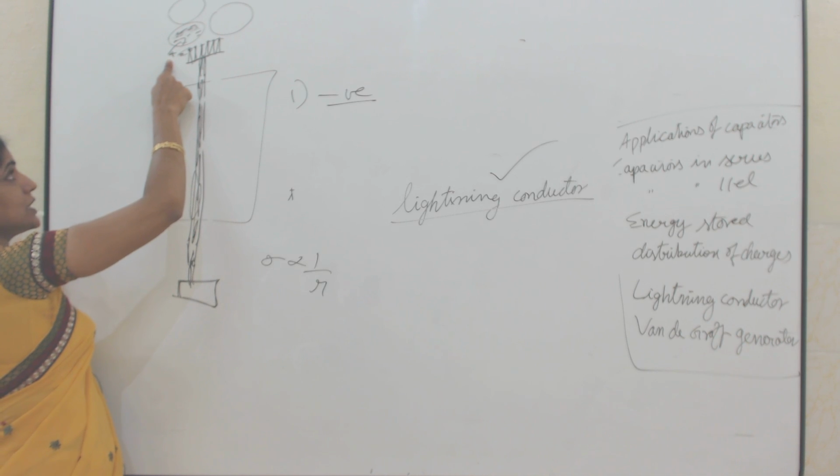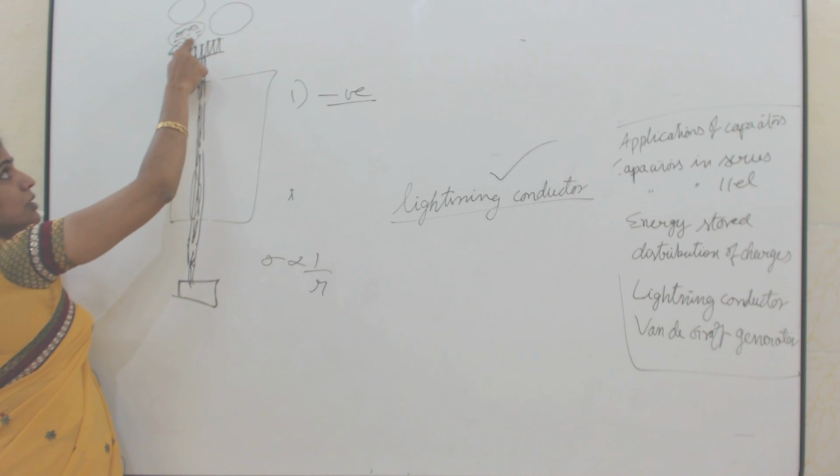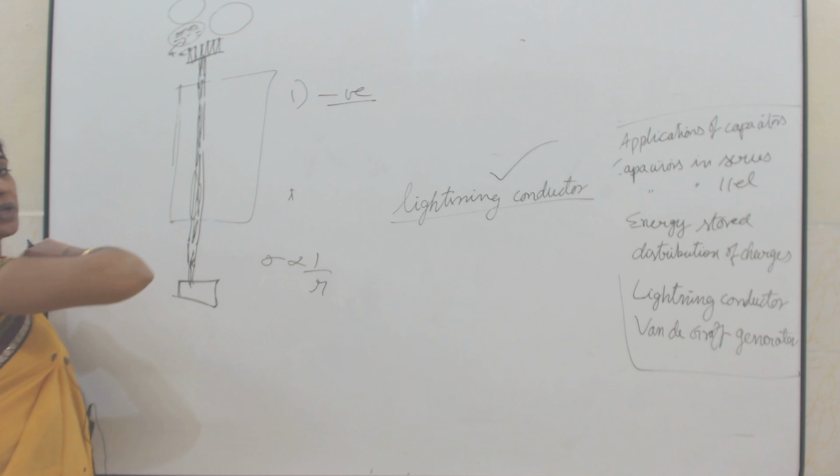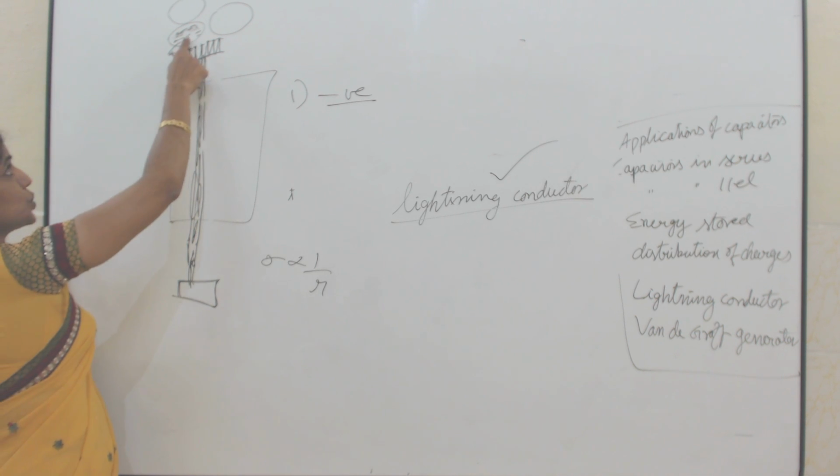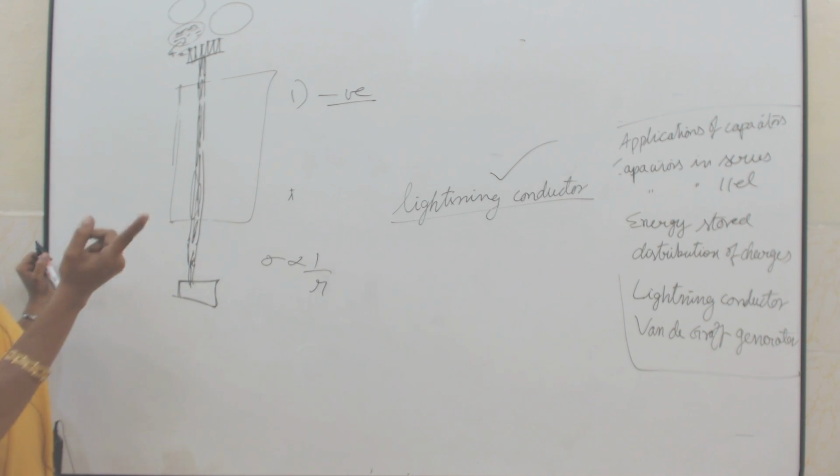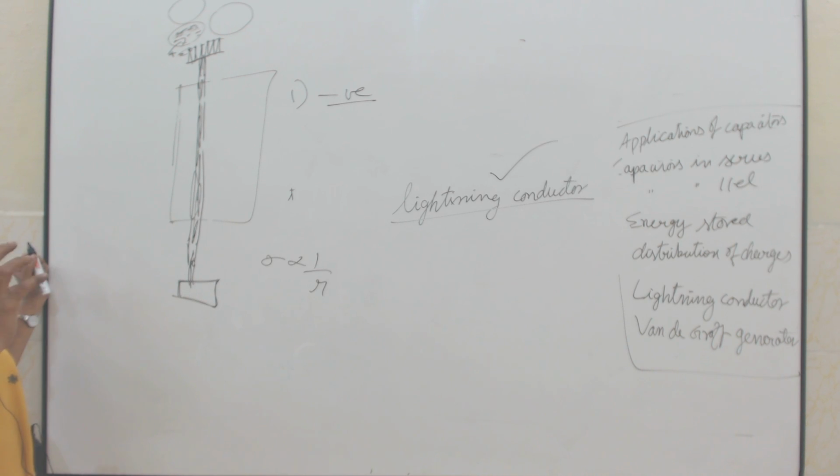What will these positive charges do? They will reduce the potential of the cloud. Why? Because these two are unlike charges. Already we have seen that when two unlike charges are brought closer to each other, the potential decreases.